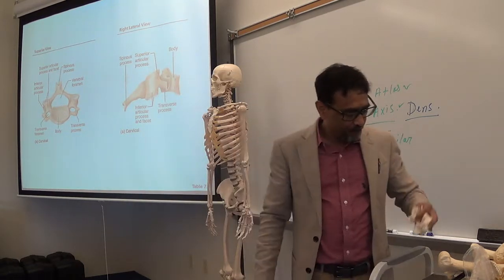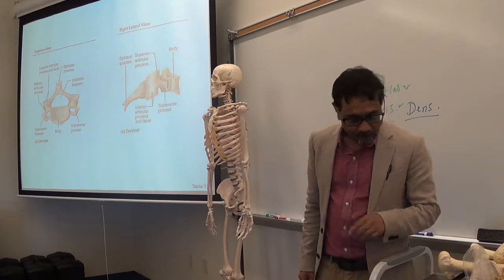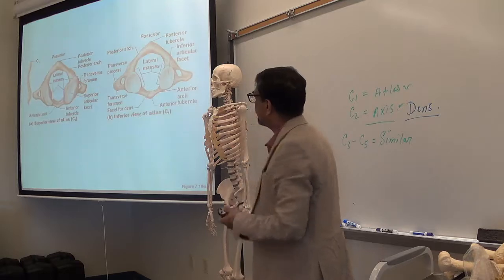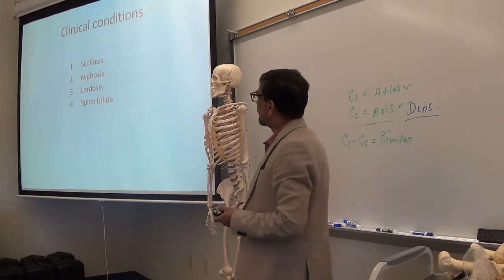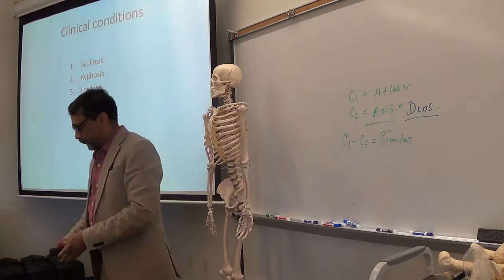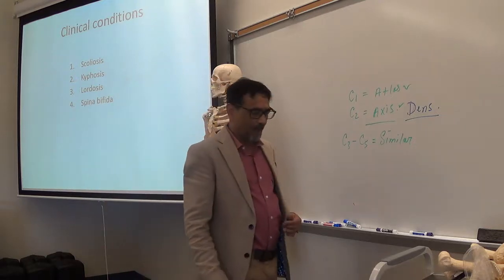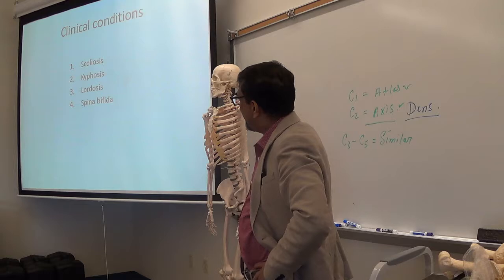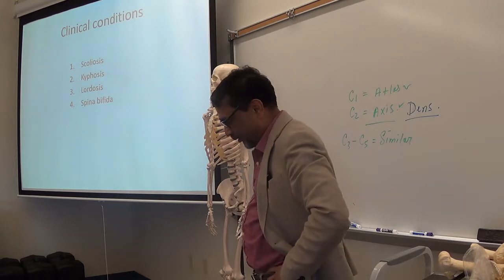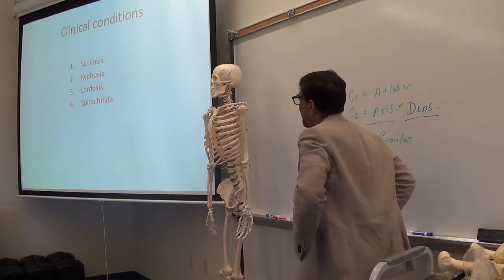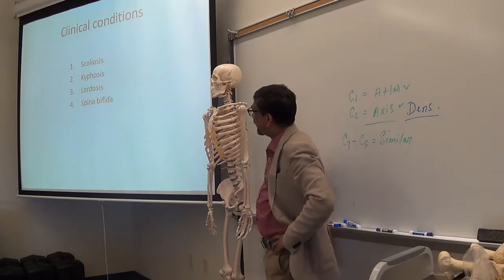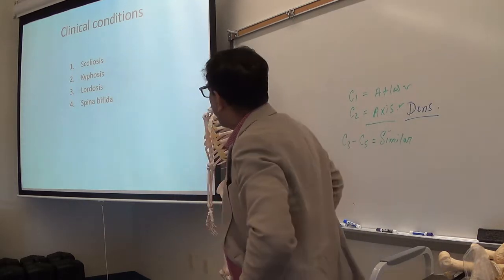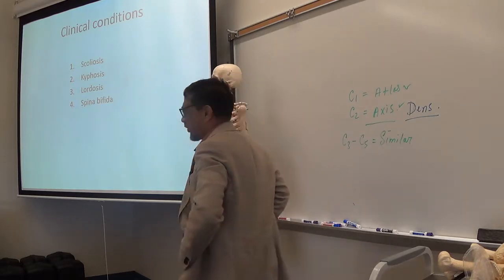Okay, so now we'll see a couple of abnormal bending or conditions of the vertebral column or spine. Scoliosis, kyphosis, lordosis.